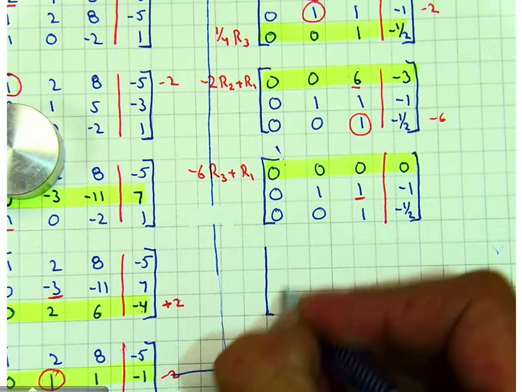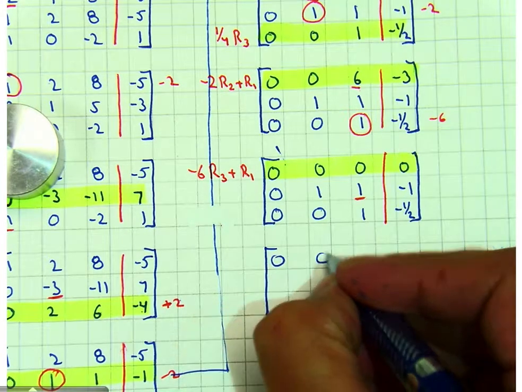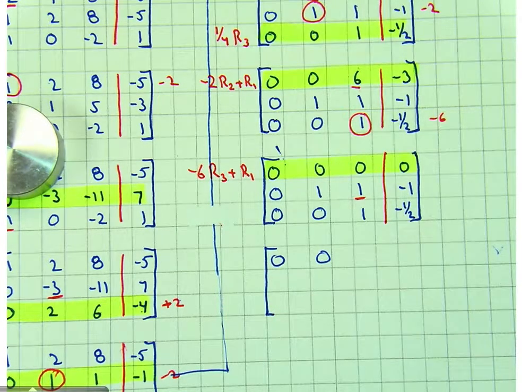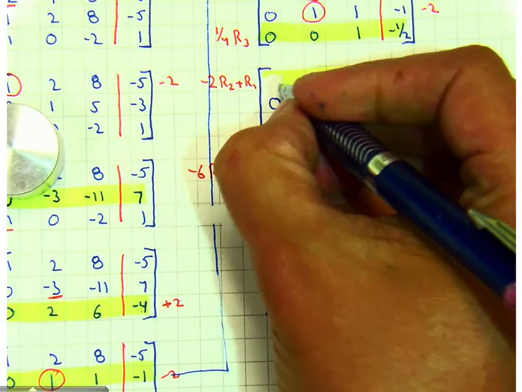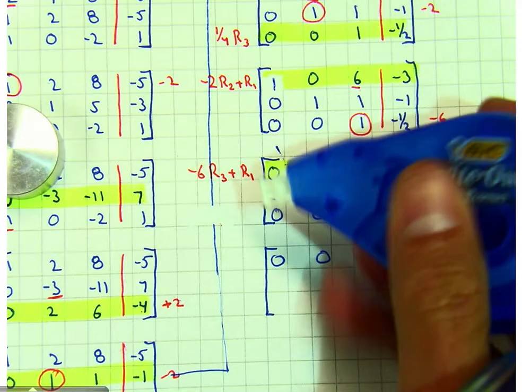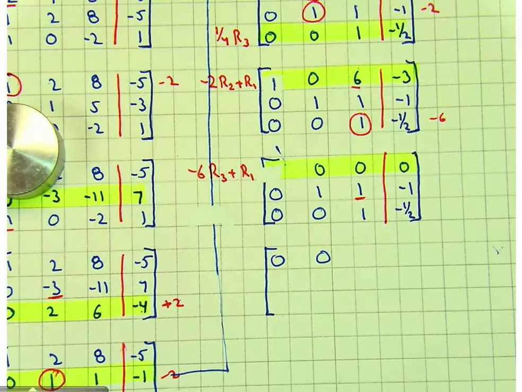Excellent. So in this case, again, I'm going to switch in the second row. And where did I make a mistake? This should be a 1. Did you guys catch that? That should be a 1.